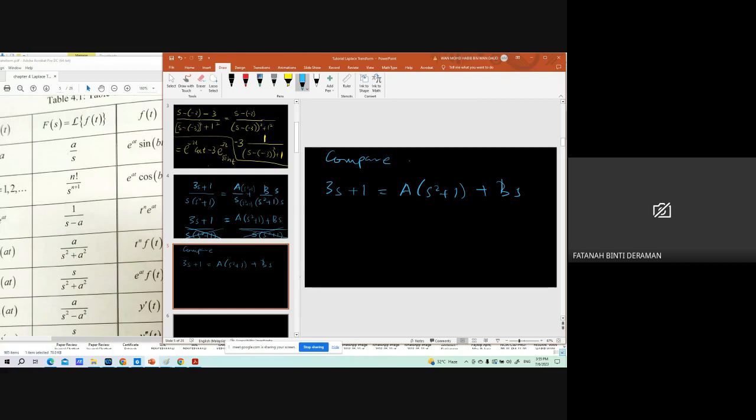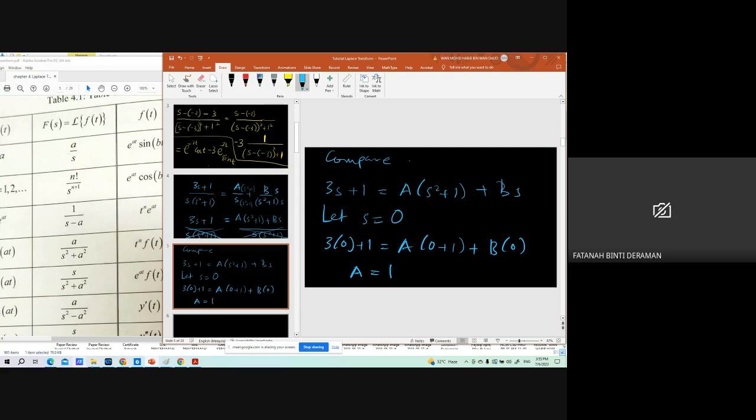So we let s equals to what? We need to make this 0, either a0 or b0. So first thing, if s equals to 0, so b will be 0, so we can find the a. So s equals to 0, so 3(0) plus 1 equals to a(0 plus 1) plus b(0). So a equals to 1.